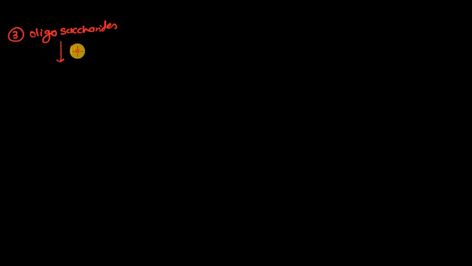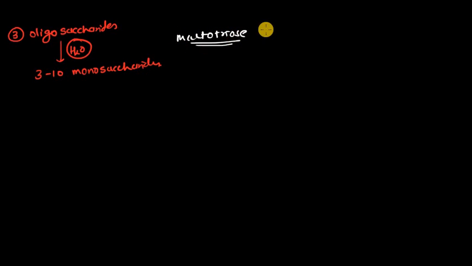If you hydrolyze an oligosaccharide, it gives you 3 to 10 monosaccharide units. One example is maltotriose. If you hydrolyze maltotriose, you will get 3 molecules of glucose.